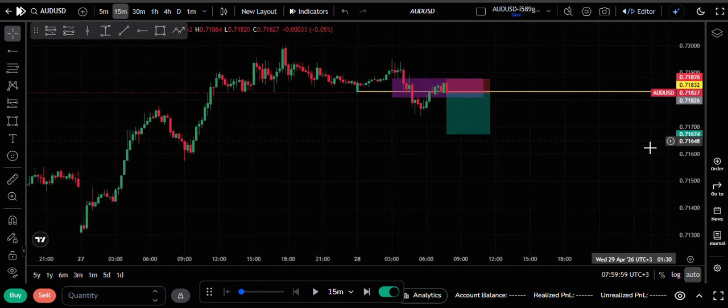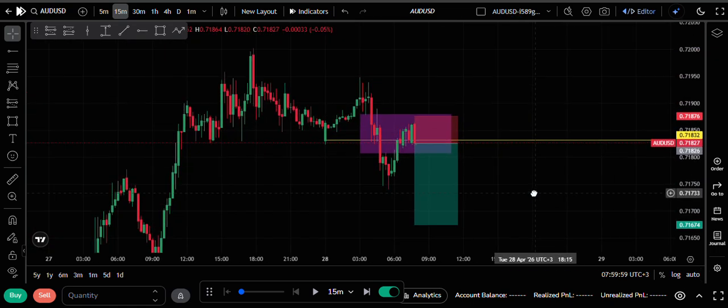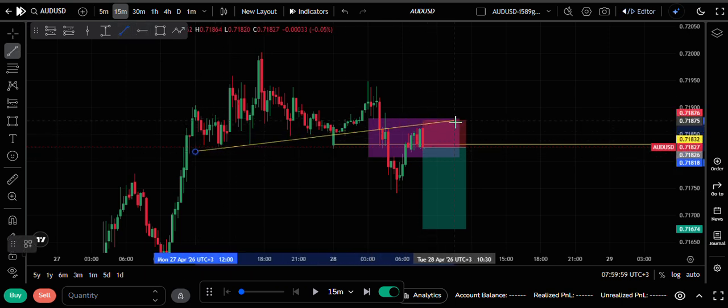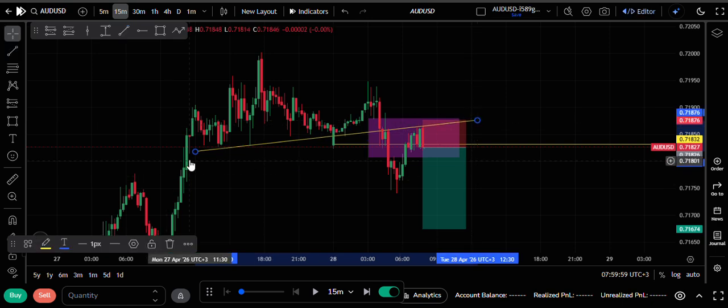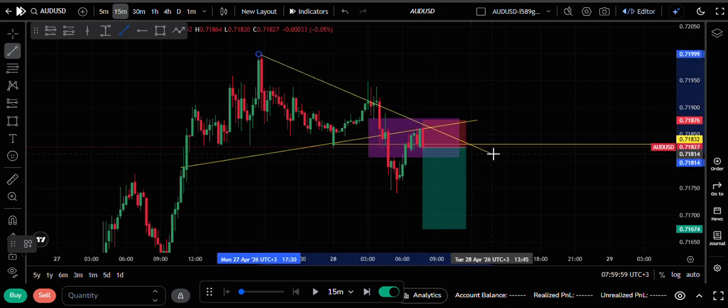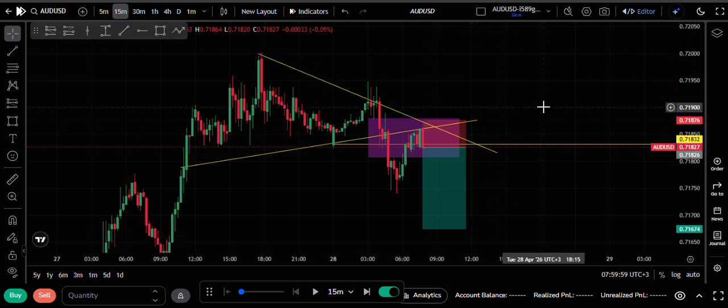Furthermore, if you come to this M15 time frame, what added to my confidence is that you'll notice the market was in this particular channel there. The market was traveling across that particular reversal symmetrical triangle.